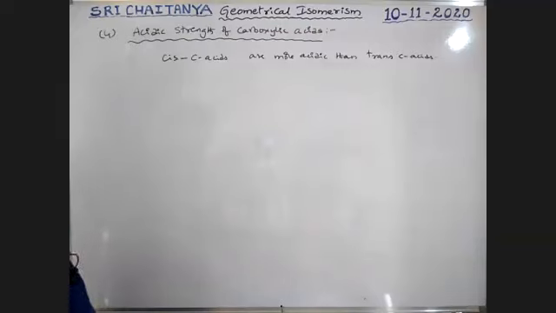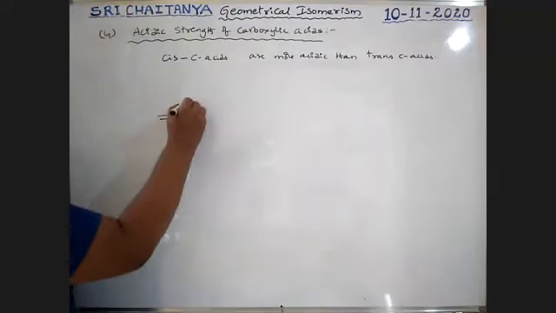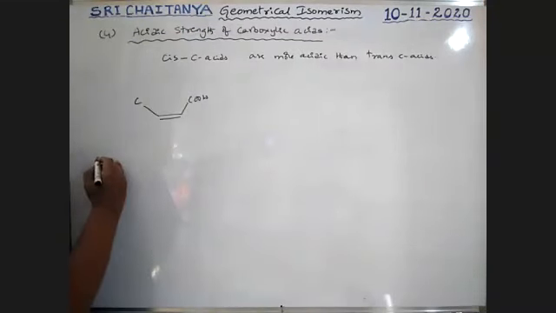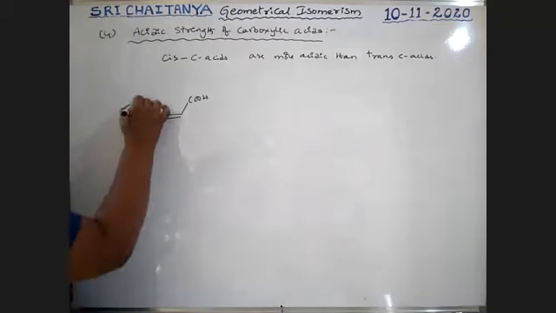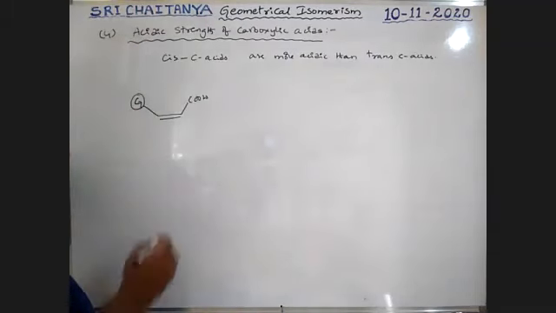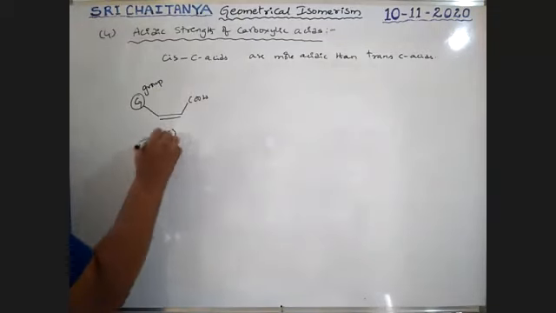So it's very, very important, boys. Let us observe the compound here. C double bond C, it has a COOH, it is a carboxylic acid. Here a group is attached, boys. Let us call this group Z, the group which is attached. It is a cis compound.